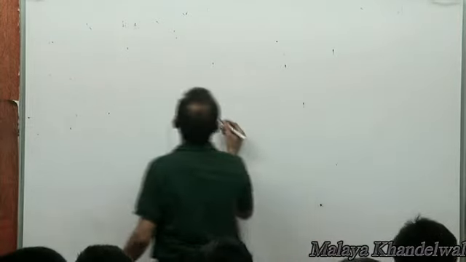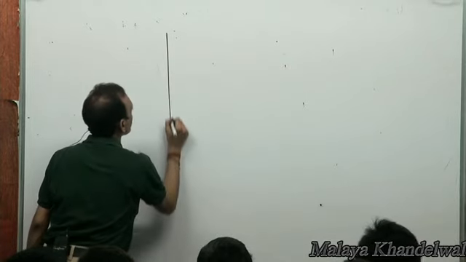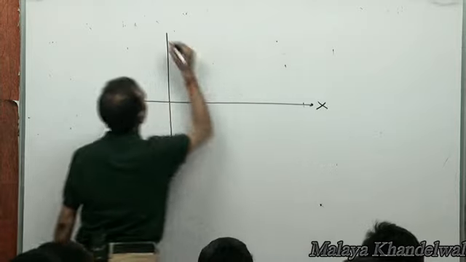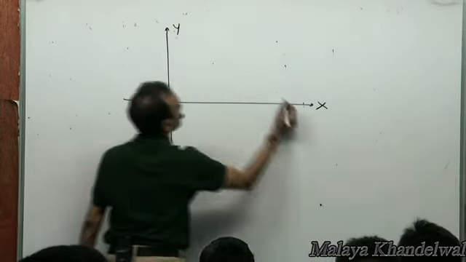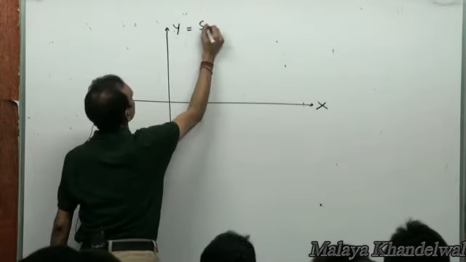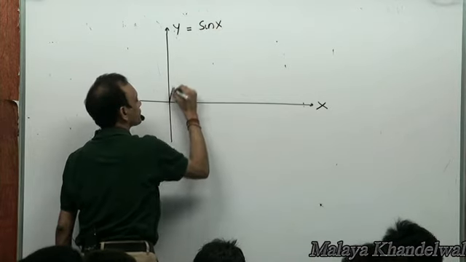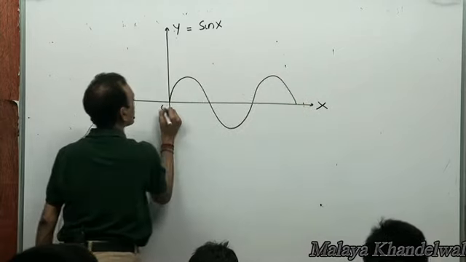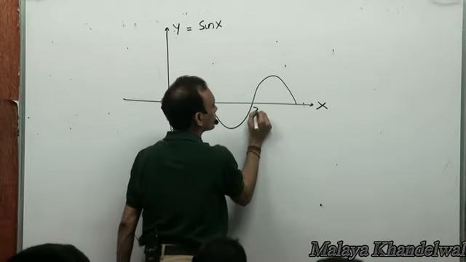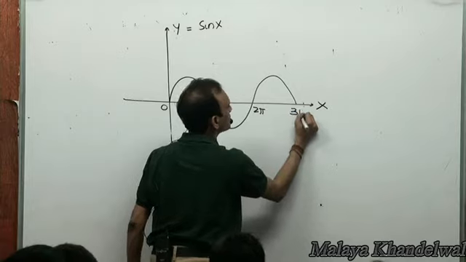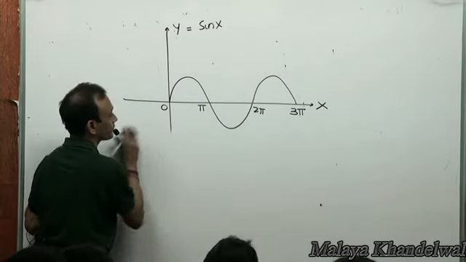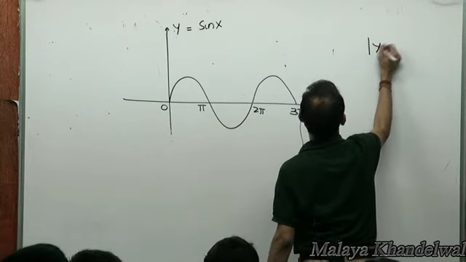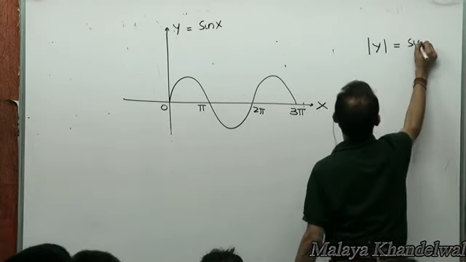Which means, say y equal to sin x, up to three pi, and I want to migrate from y equal to sin x to mod y equal to sin x.